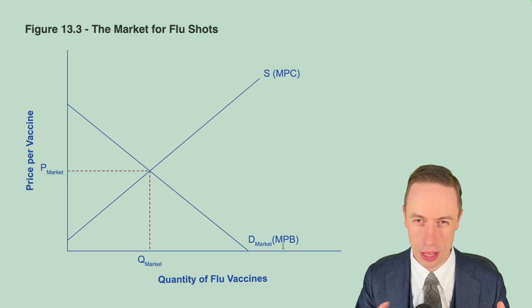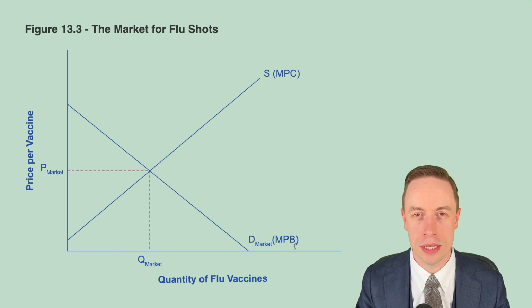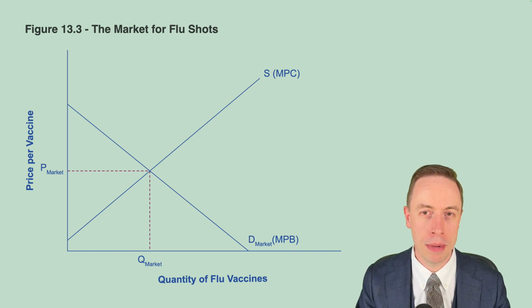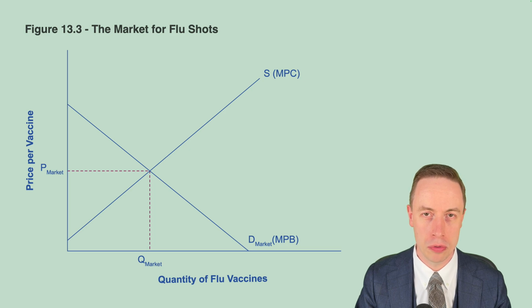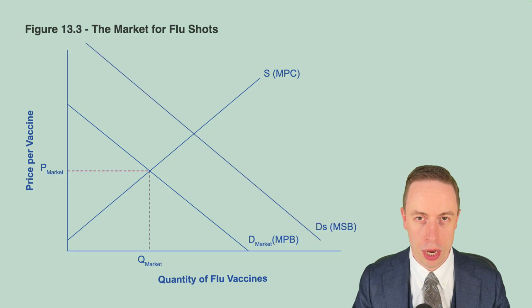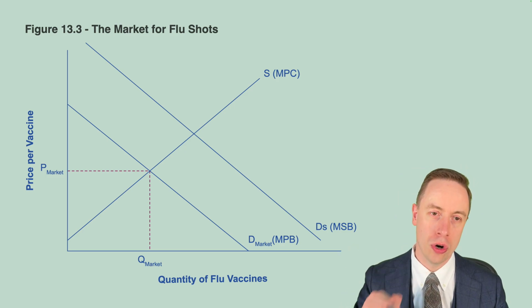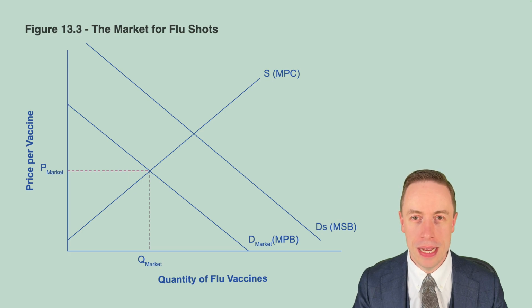When I decide if that price is worth it to me, maybe I'm just going for strict self-interest here and only taking my own benefit into account. But we're now going to contrast that with the social benefit of this shot, which is larger than the private benefit, since by definition it includes the private benefit, but also the positive spillover. And you can already see where this is going.